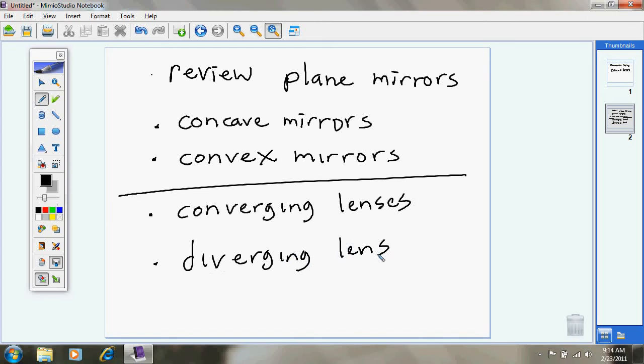So basically, your goal is to be able to draw light ray diagrams showing how the images are produced from all of these optical devices.